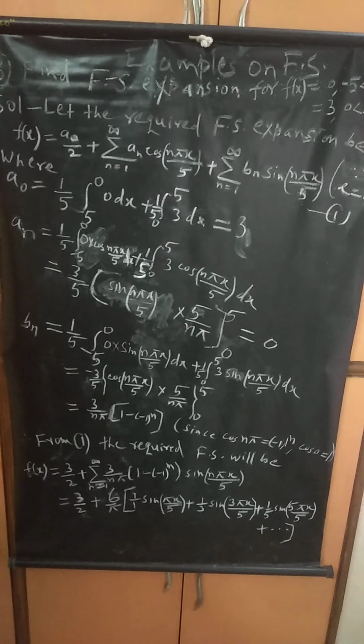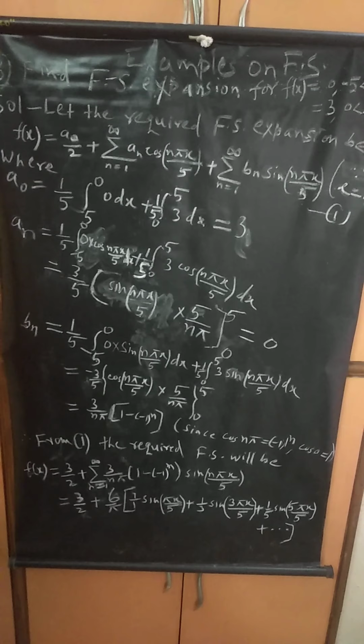Here also the interval minus 5 to 5 is divided into minus 5 to 0 and 0 to 5, and accordingly we have taken the values of the function: 0 in minus 5 to 0, and 3 in 0 to 5.